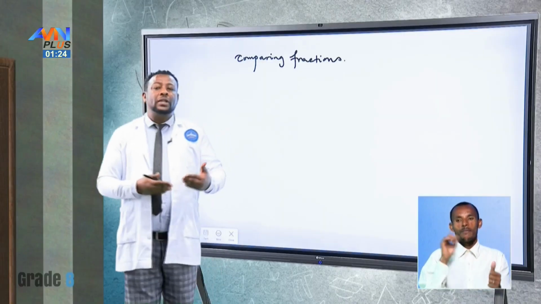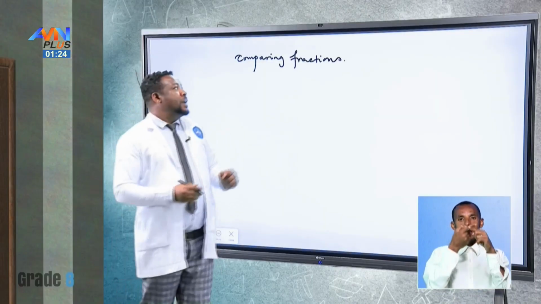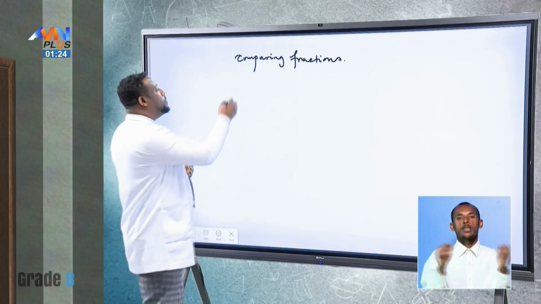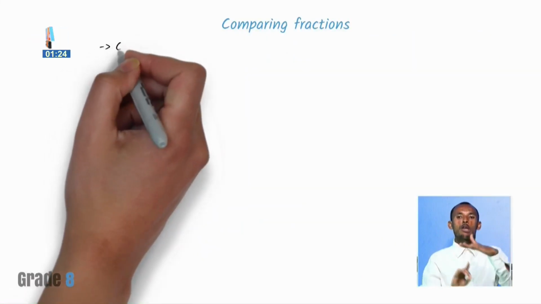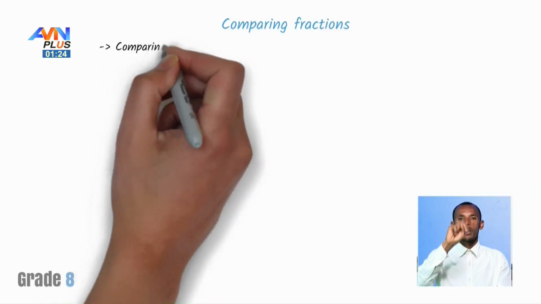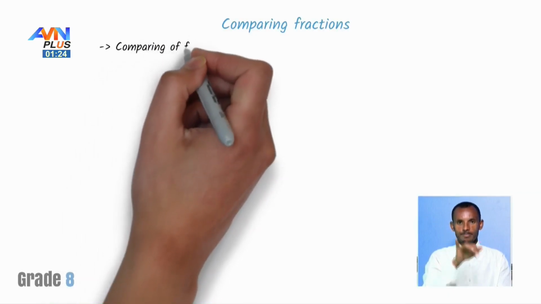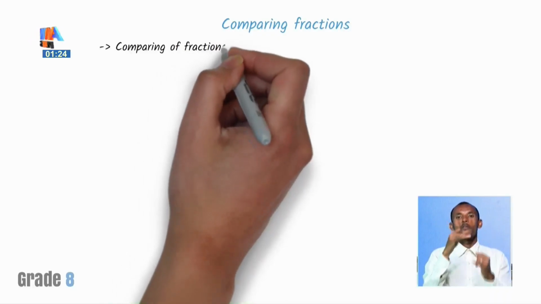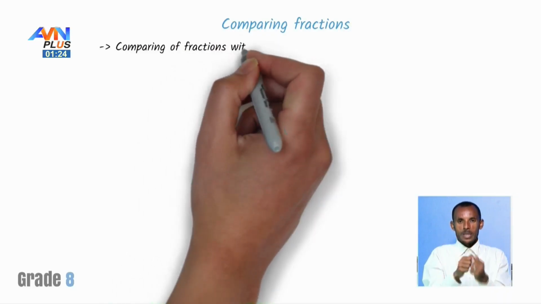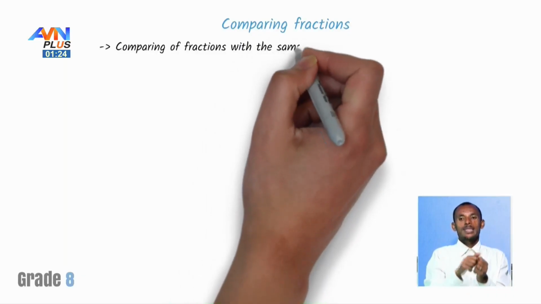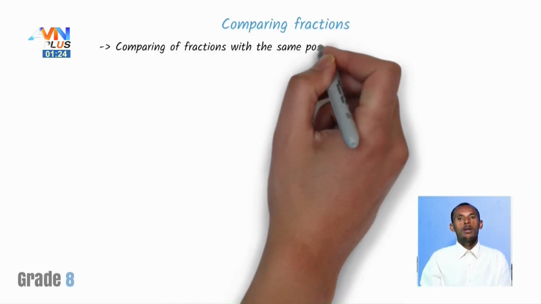So here we will see the different cases. The first case is comparison of fractions with the same denominator, okay? Comparison of fractions with the same, usually positive, denominator.